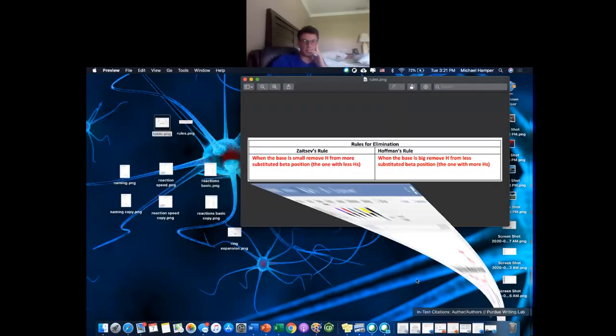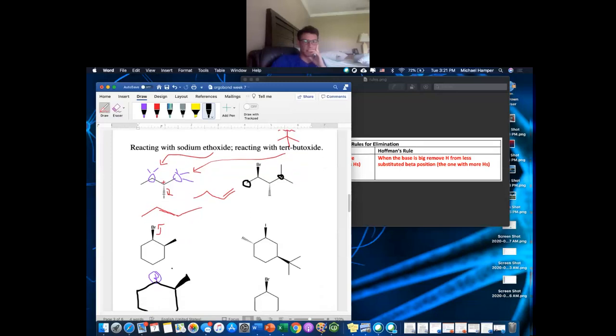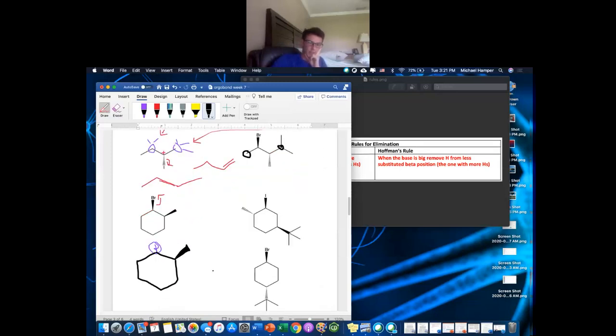So, going back. This is more substituted. That carbon is more substituted because it's attached to 1, 2, 3 carbons. This position here, this carbon is only attached to 2 others, 1, 2. So this is more crowded, right? So this has an implied hydrogen. This has the 2 others.